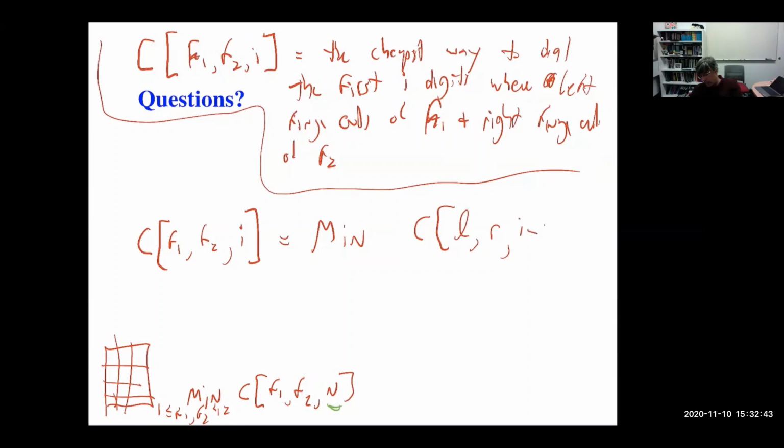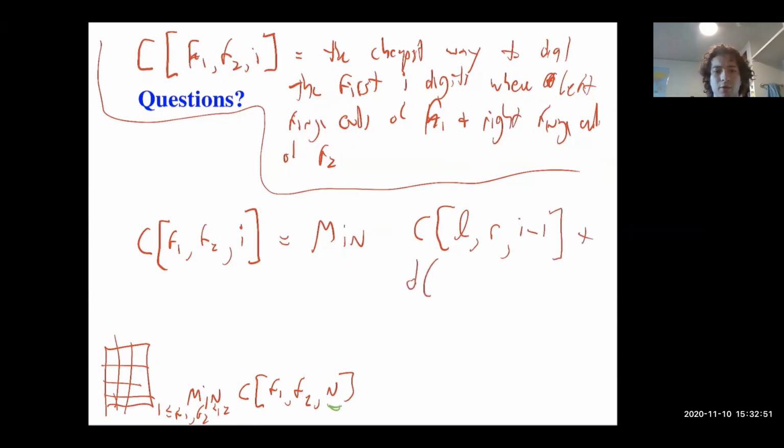Right. And then that plus the distance between, and if this was the term for, like, if we chose the left finger, it would be the distance between the left finger and, I guess, yeah, I think.